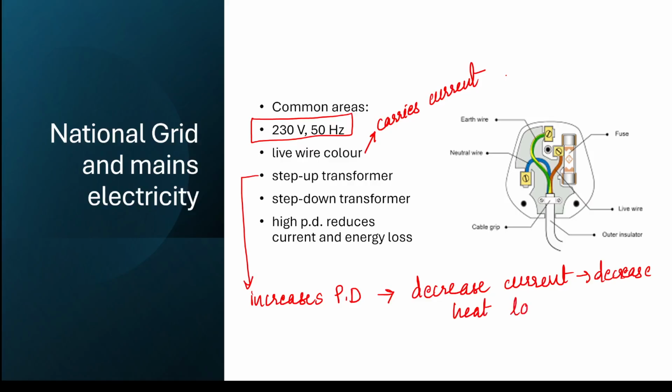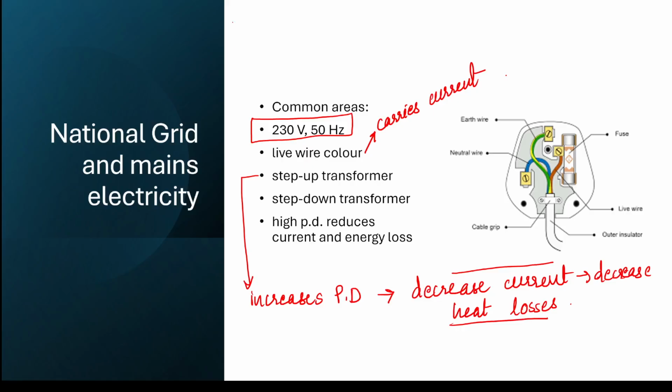Say we don't have any power station near our houses. Power stations are far away. So from the power station to our houses, there's a long distance. In that long distance, if there's a large current, there would be a large amount of heat losses.